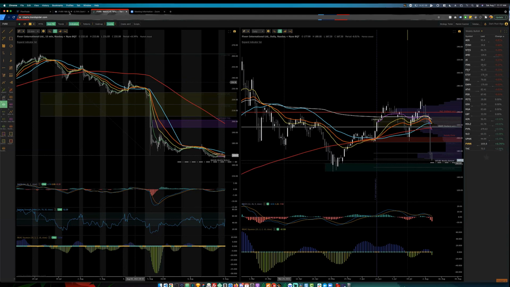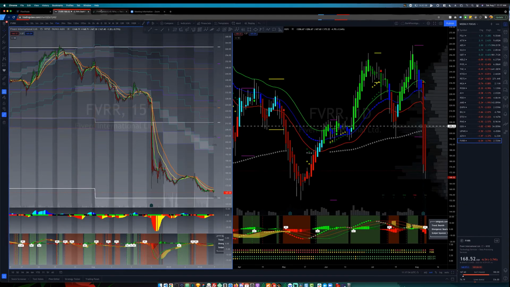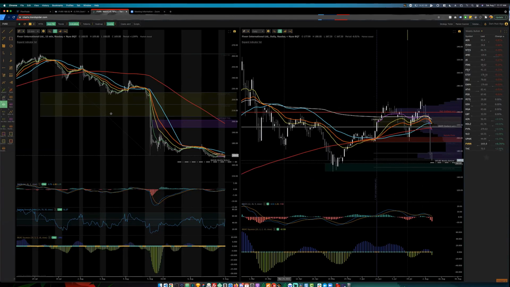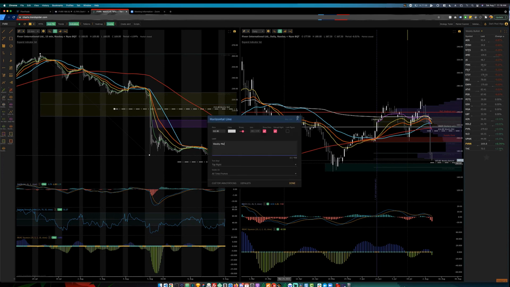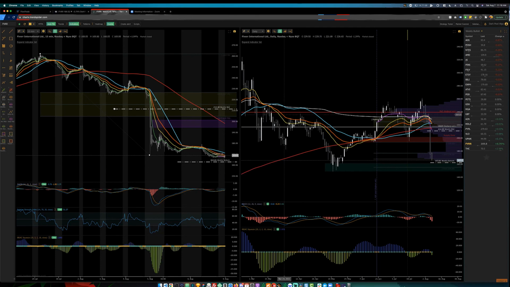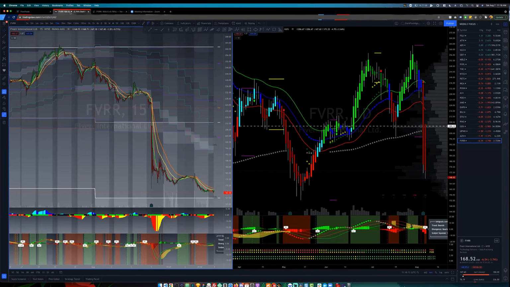Is that right? Weekly mid. So we got the weekly mid, which is good, right? Do you see what I'm doing here? I'm starting to layer my factors of why I like this as a move back to the upside.